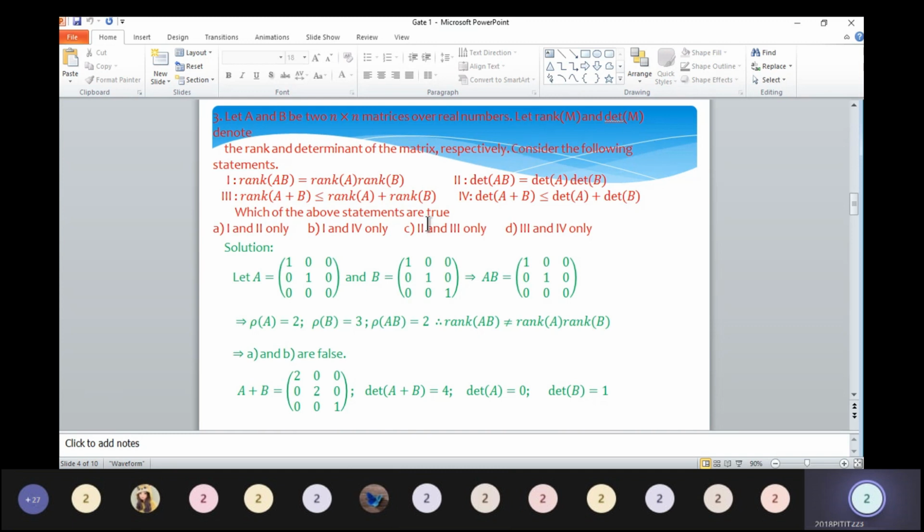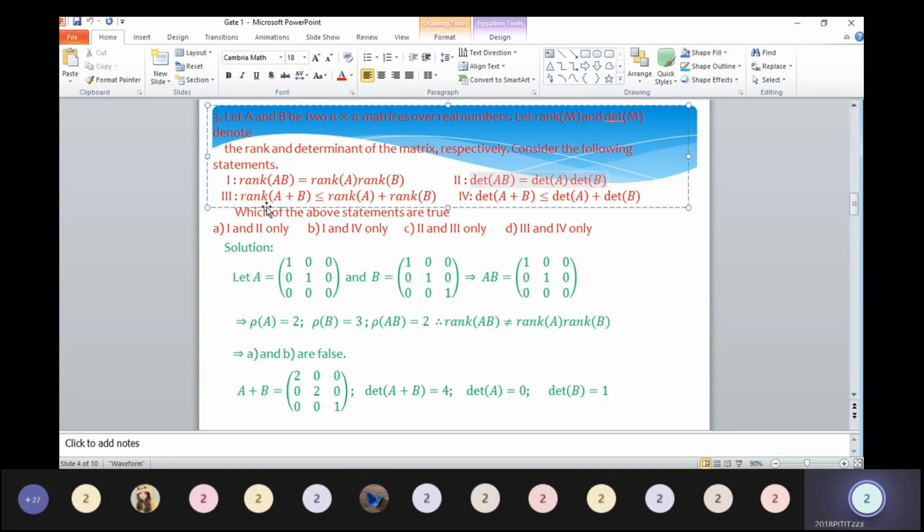Consider the following statements. 1: rank of AB equals rank of A into rank of B. 2: determinant of AB equals determinant of A into determinant of B. 3: rank of A plus B is less than or equal to rank of A plus rank of B. 4: determinant of A plus B is less than or equal to determinant of A plus determinant of B. Which of the following statements are true?